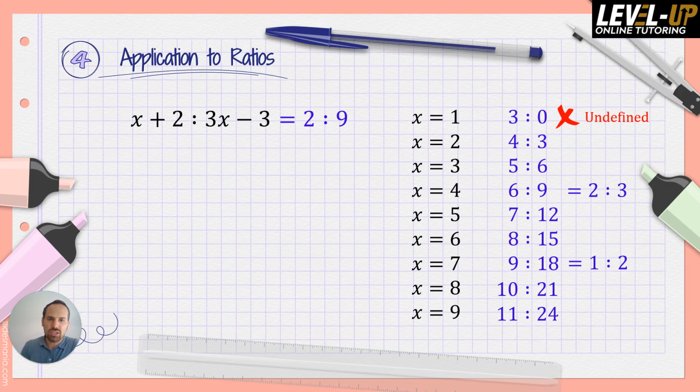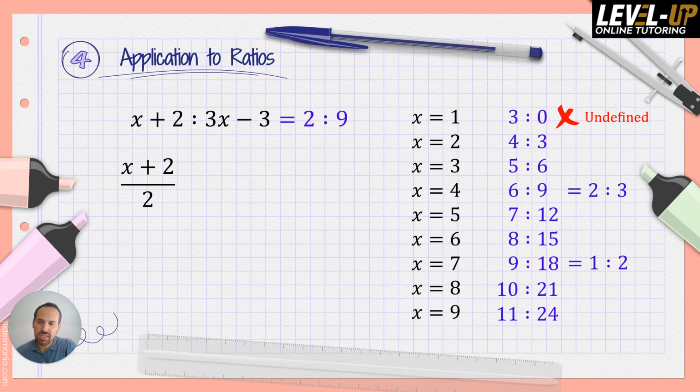So we've got a bunch of solutions here. None of them come to 2 to 9, but that's essentially what we're looking for. We're trying to find the value of x such that this ratio will be 2 to 9. And we can do that by calculating what one part of this ratio is. So you remember, it's like breaking something up into 11 parts because 2 plus 9 is 11. 2 parts go to the first and 9 parts go to the second.